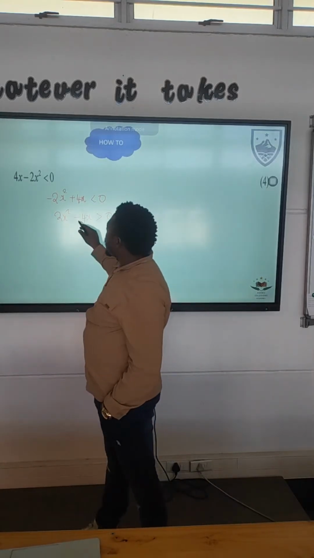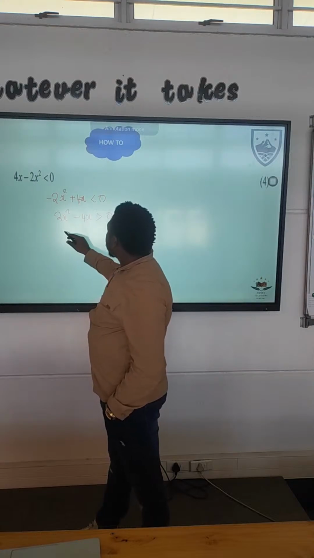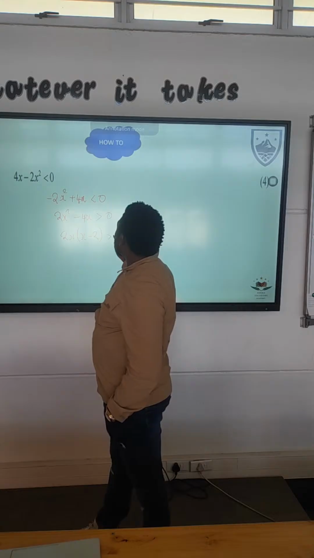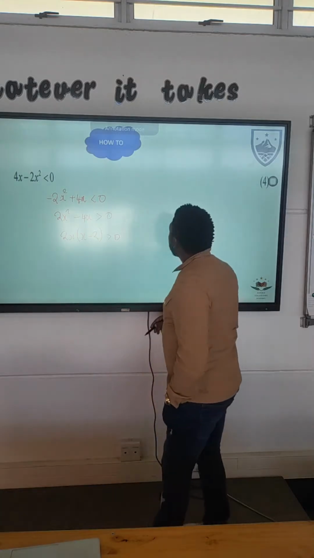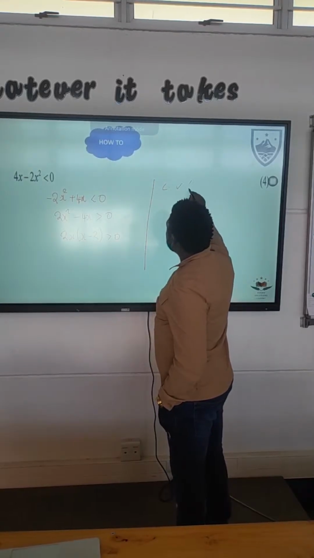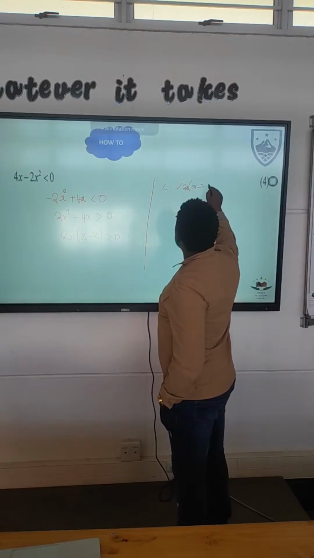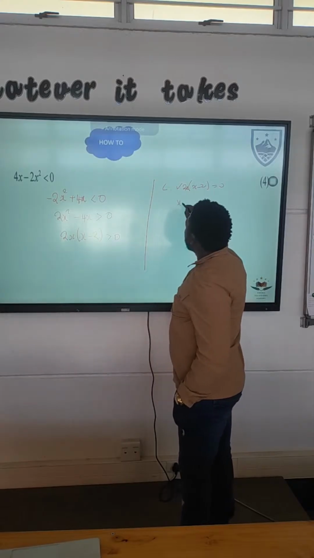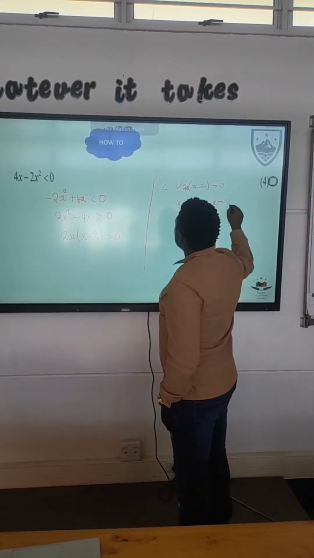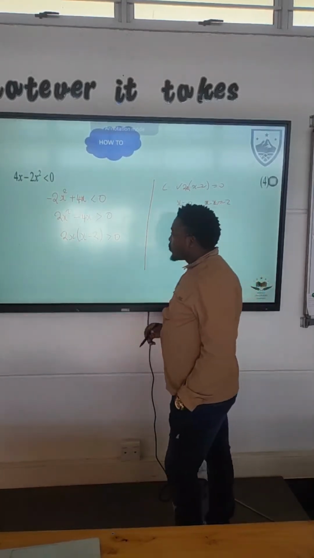And then we can solve now by taking out the highest common factor, which will be 2x, and then x minus 2 is greater than 0. Then I'll find my critical values. 2x, x minus 2 equals 0. So x equals 0 or x equals a positive 2.